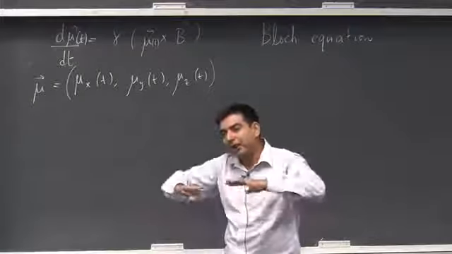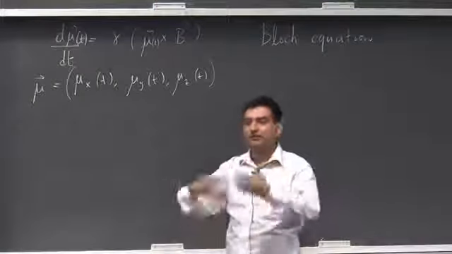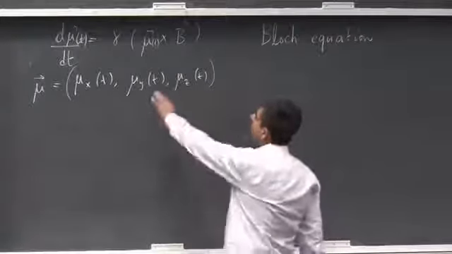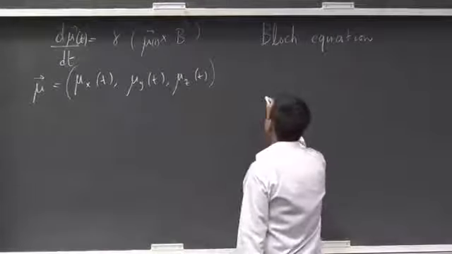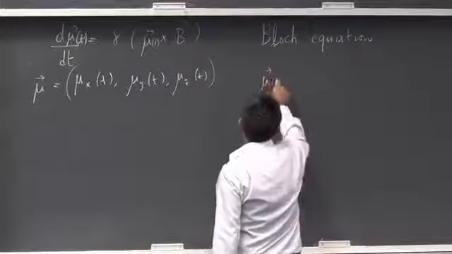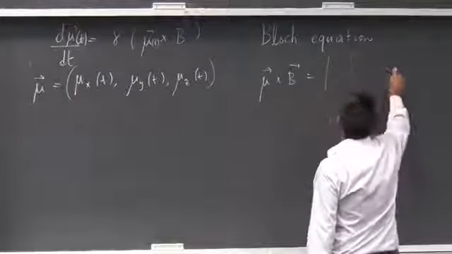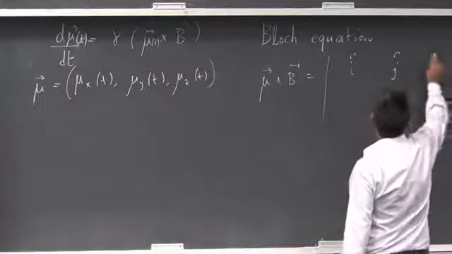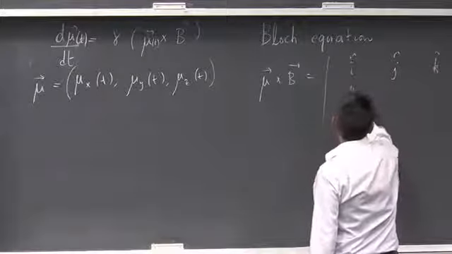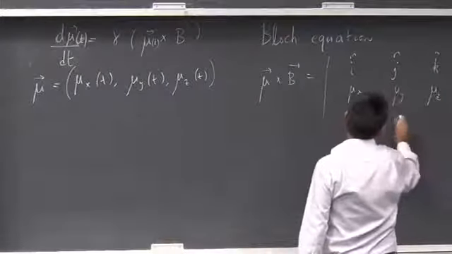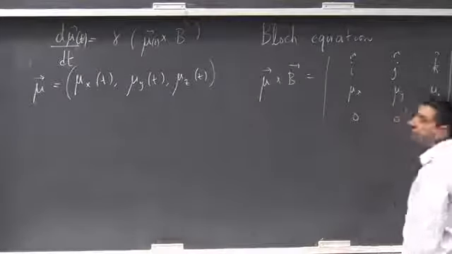We would like to see how the magnetic moment evolves with time. Now the field is pointing in the z direction. So let's find mu cross B. Let's do a simple calculation for mu cross B. It is the determinant of i, j, k unit vectors, mu x, mu y, mu z, and 0, 0, B, because the field only has a z component.